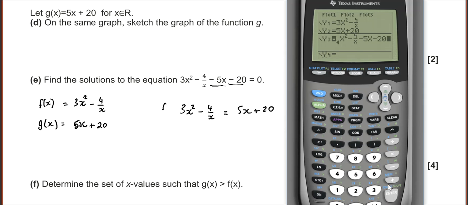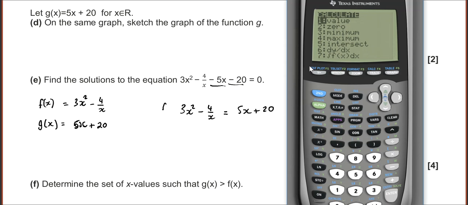If I put that graph, it still fits, right? And where does it equal 0? Where it crosses the axes, yeah? And if you then go to calc and you're looking for the zeros, you need to find all three of them, all right?